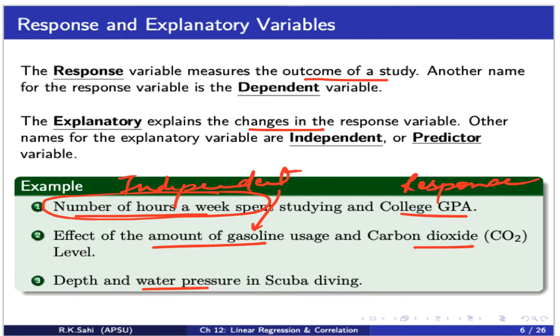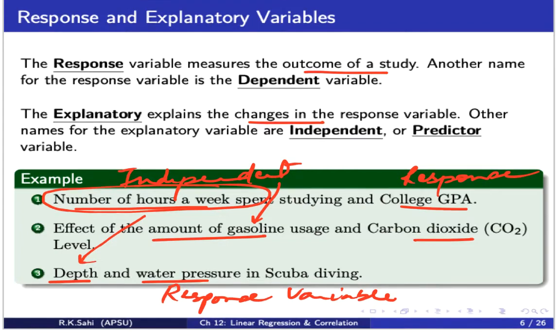So in this one, we notice that the water pressure is the response variable, because the water pressure will increase as the depth increases. So the depth is the independent variable. Okay. Let's go further into this independent variable.